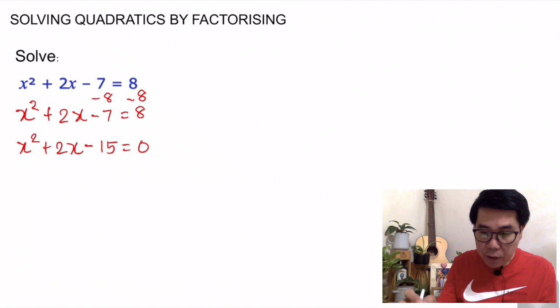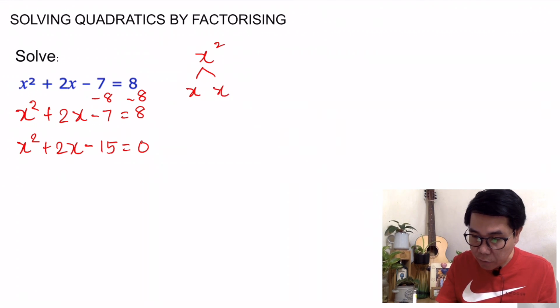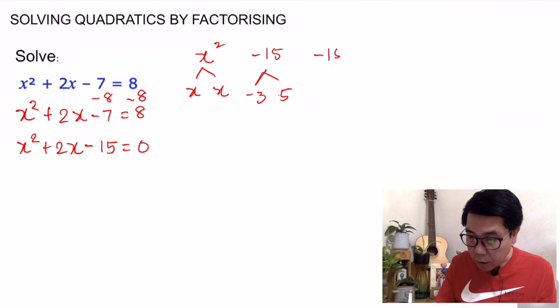Factorize. For x squared, we have x times x. For negative 15, we have negative 3 and positive 5, and we also have negative 5 and 3.